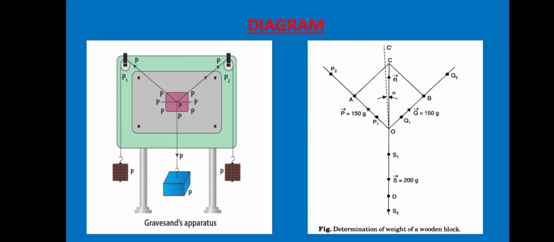Inextensible light strings. In order to do the experiment, we will fix a white piece of paper, which is shown here by the gray color, and put the pins so that it fixes properly.